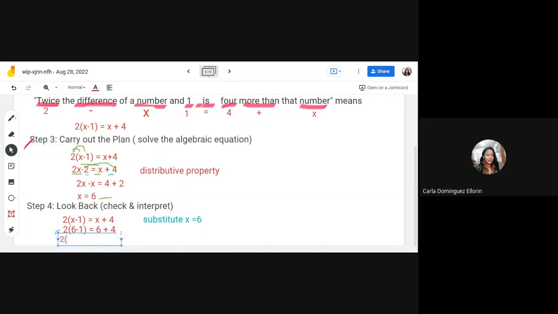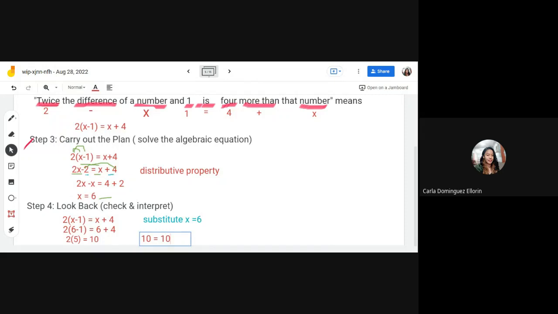So, 2 times, okay, solve na natin nasa loob ng parenthesis. So, 6 minus 1, that is 5, is equal to 6 plus 4, that is 10. So, 2 times 5, that is equal to 10, is equal to 10.